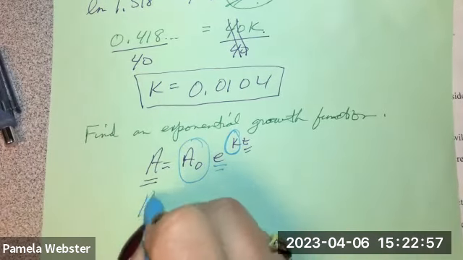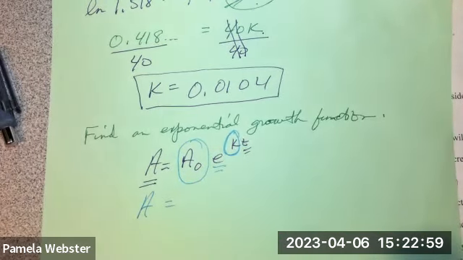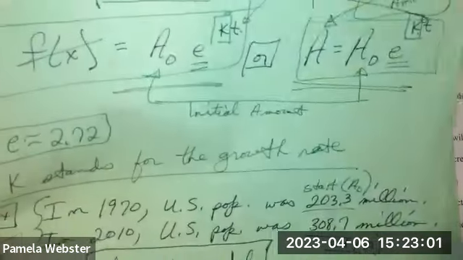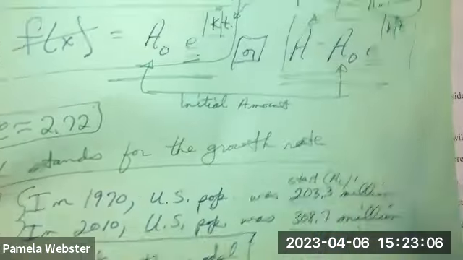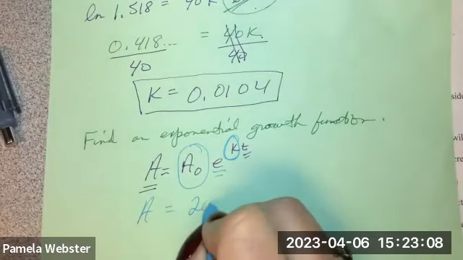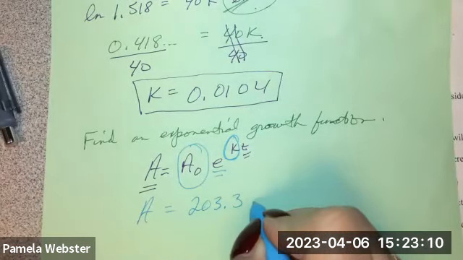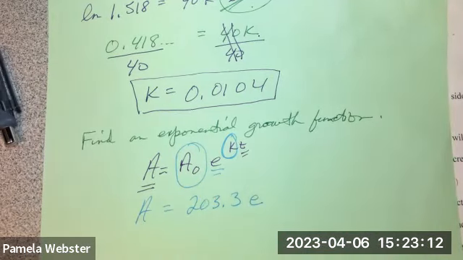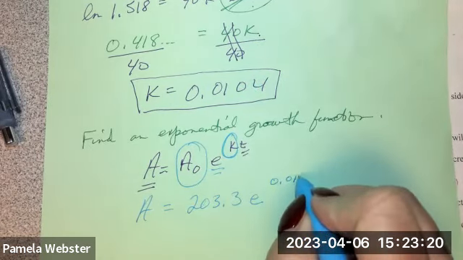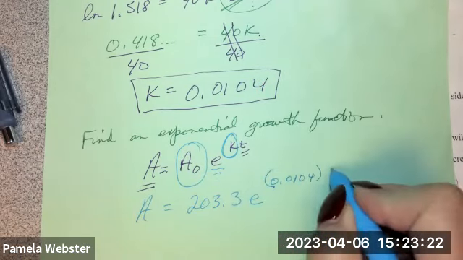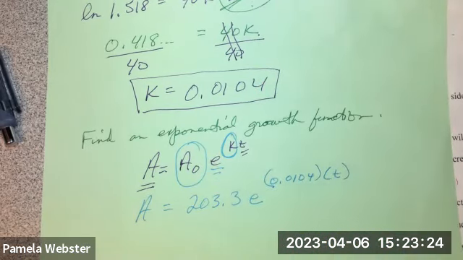So A equals, remind me what my A sub naught was. The initial value in 1970 was 203.3. So 203.3. e is just along for the ride. He's not a variable, he's just a number sitting there. The K I have, it's right here, e to the 0.0104, and t is going to stay a variable.